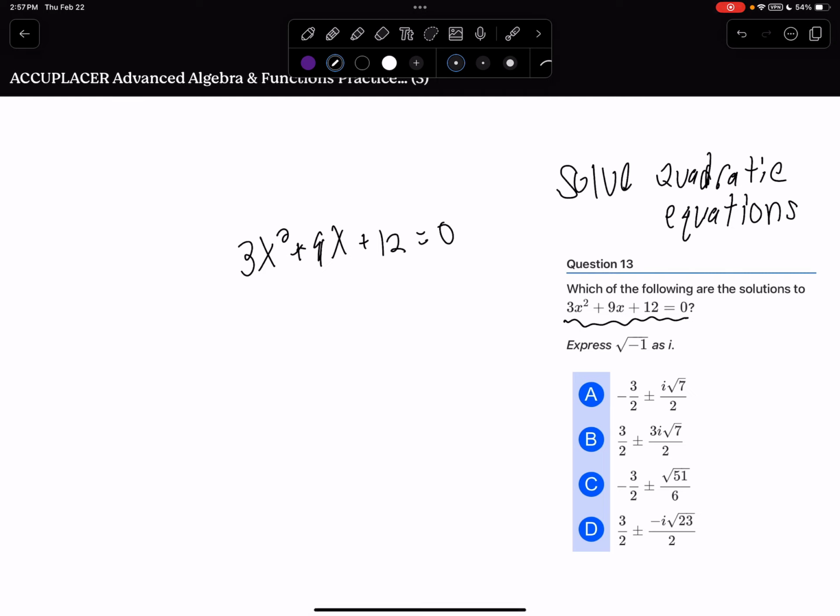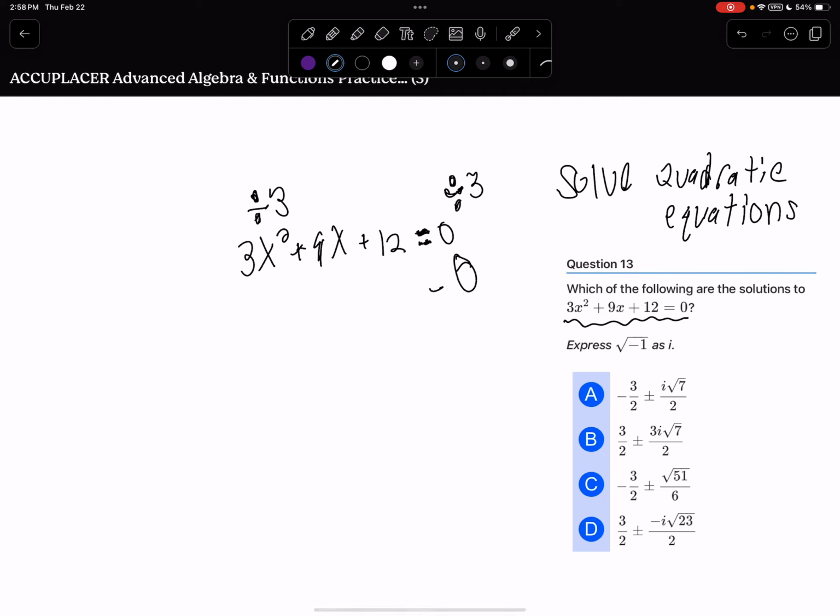Now, I have to do the same thing to both sides of the equation so I don't upset the balance, because the equation is like a balancing situation. I can't just divide by 3 on the left. I'd have to also divide by 3 on the right. Well, 0 divided by 3, that's easy.